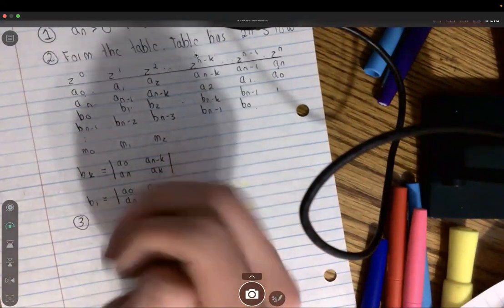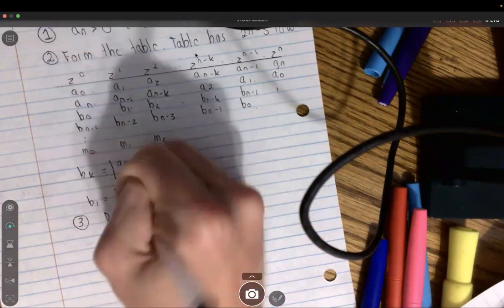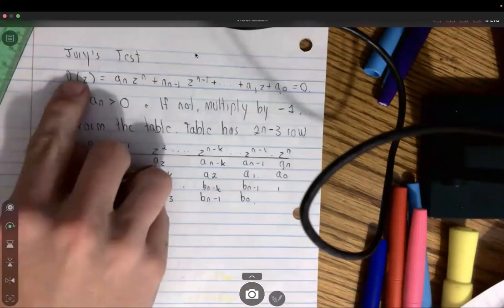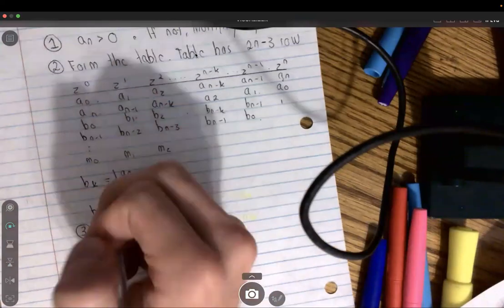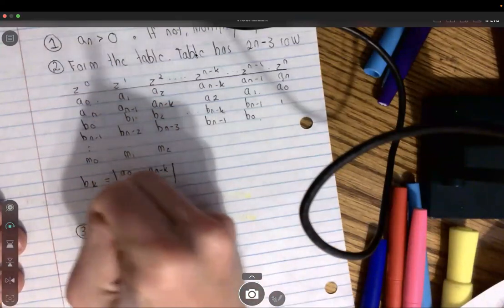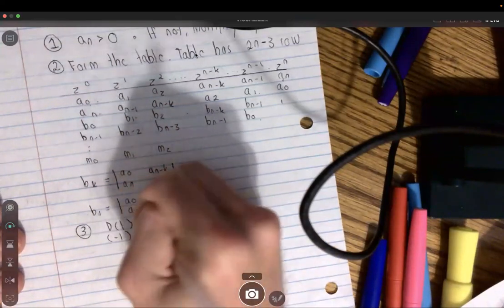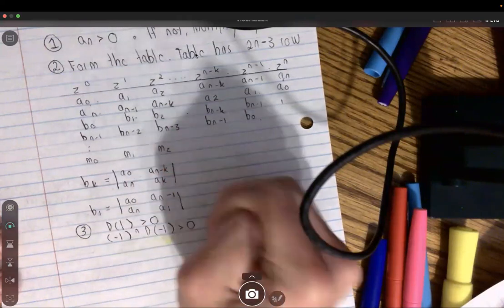And then the third step, so after you form the table, you have to make sure that D of 1 satisfies these conditions. So you plug in 1 for your characteristic equation here. It has to be greater than 0. And then (-1)^n times D of -1 is greater than 0. Okay.